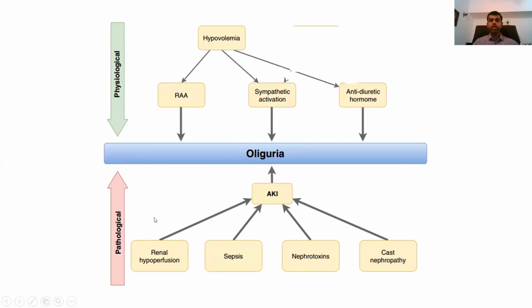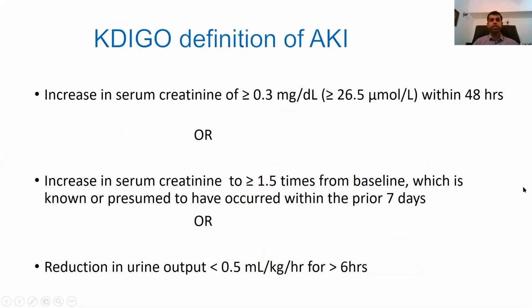On the other hand, when you have problems in the kidneys, that will also result in oliguria. These pathological conditions lead to acute kidney injury, and oliguria becomes a marker of acute kidney injury. So what do we mean by acute kidney injury? The definitions used are these.